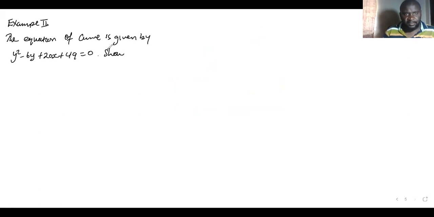Show that the curve is a parabola. Find the coordinates of the vertex.